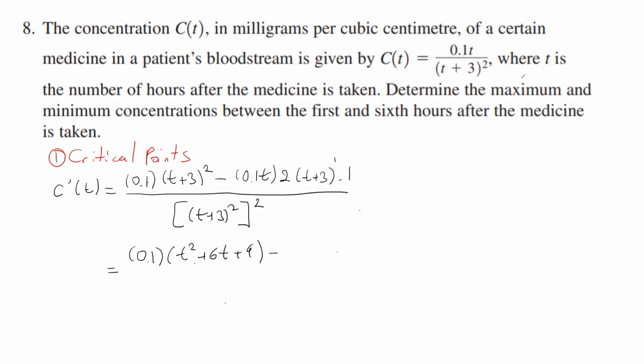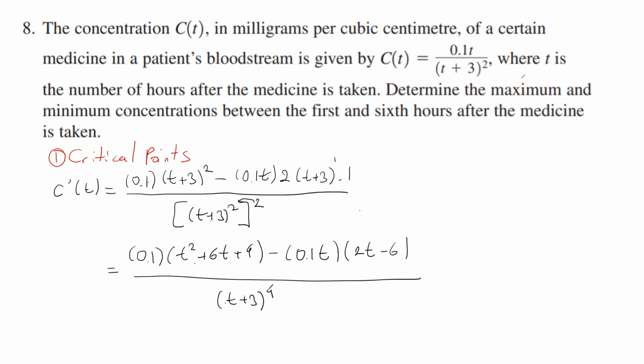And then I'm going to do minus, keep 0.1t same for now, but I'm going to distribute the 2 into the brackets, which will give me 2t - 6. And I'm also going to distribute this 2 into the 2, and that just means 2 times 2 for the power. So I'm going to end up getting (t + 3)^4.